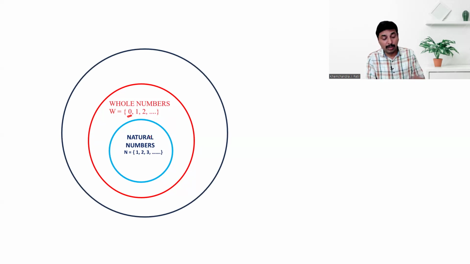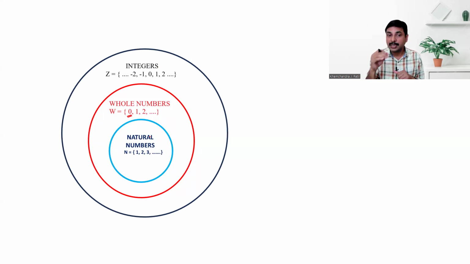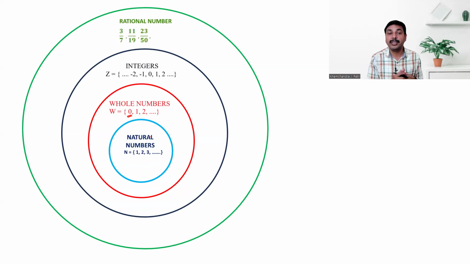So what will be the difference between integers and whole numbers? Only the negative numbers. And integers are represented by Z. Whole numbers are represented by W. And all integers are rational numbers, and we are using the letter Q for defining rational numbers.